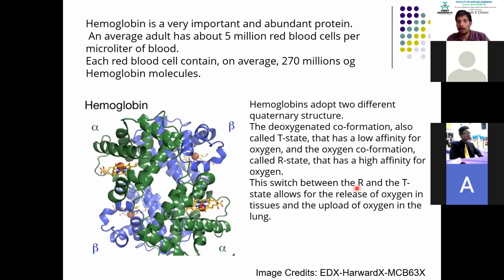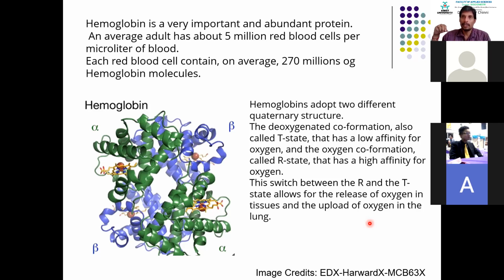This switch between R and T state allows the release of oxygen in tissues and the uptake of oxygen in the lung. So that change is very important. See, when the hemoglobin comes to the lungs and binds to the oxygen, this is very much needed because oxygen needs to be taken.